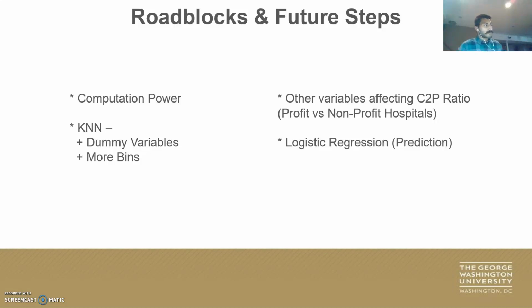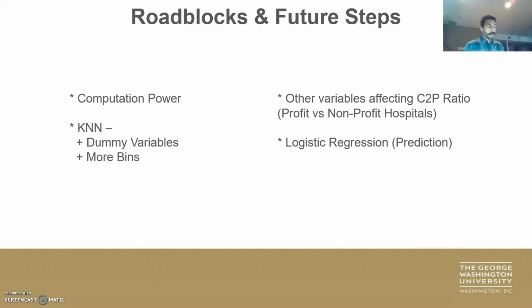And as for future steps, other variables affecting C2P ratio. I used total discharges because it was convenient in my data set, but in reality, I think it has to do more with profit versus nonprofit hospitals. If you're in the Northern Virginia region, Reston Hospital, for example, is for profit, while Inova Health System is nonprofit.